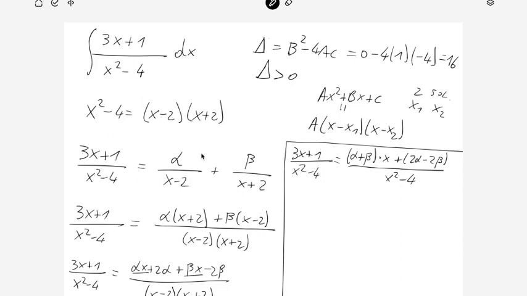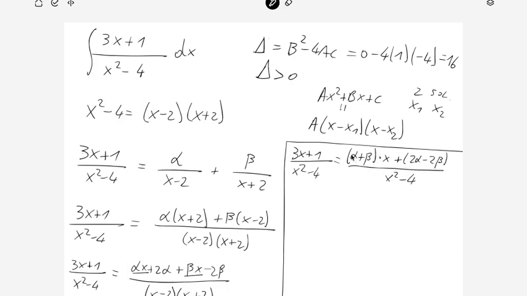You see now this quantity I write in this way, and it is more similar to the original one. So how can these two ratios be equal? Well, the denominators are equal, so the numerators need to be equal. We have x times a coefficient plus a constant, and also here, x times a coefficient plus a constant.